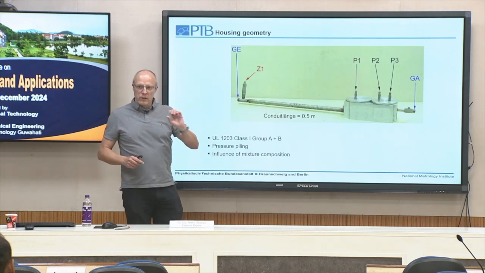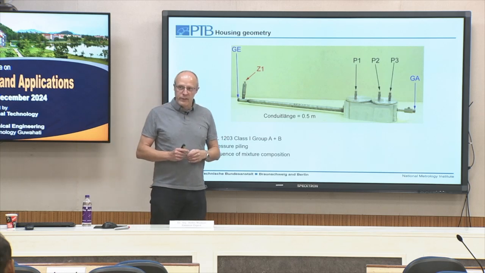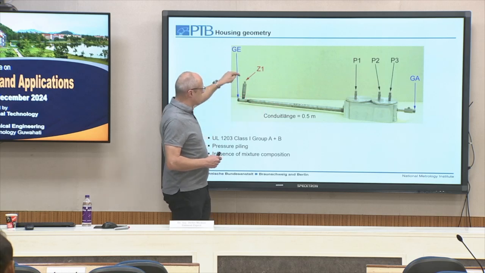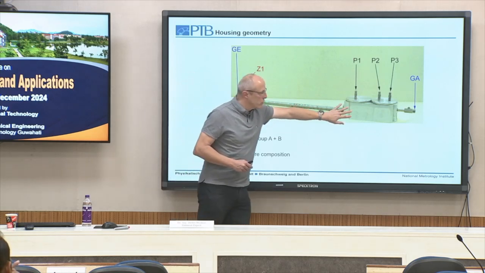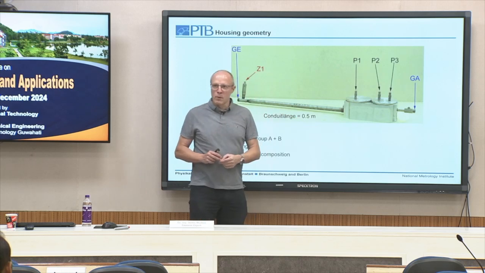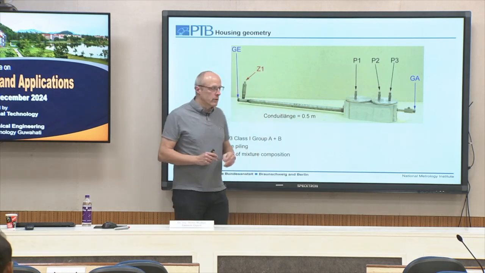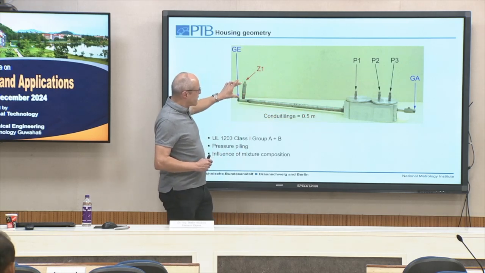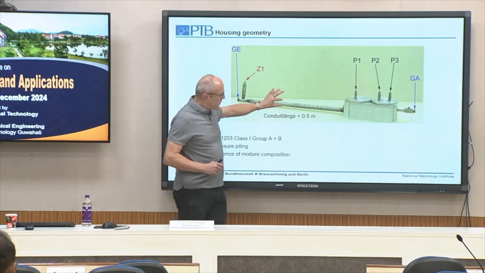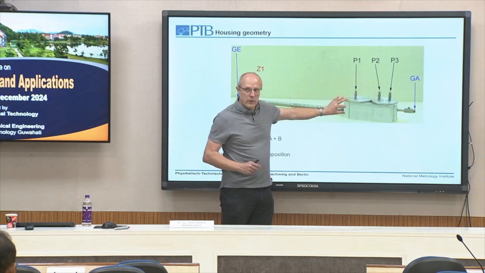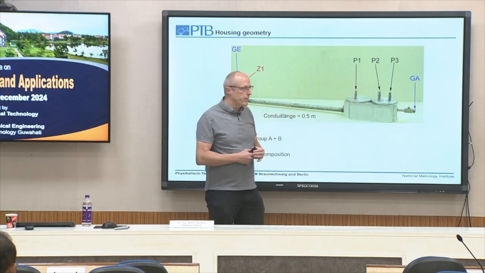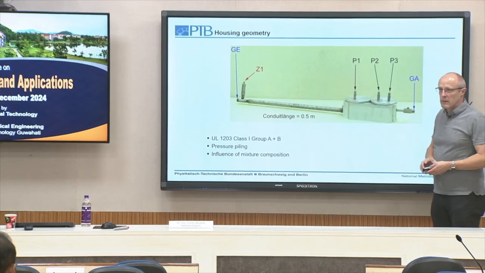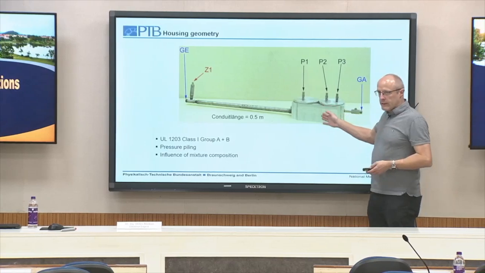So all the electrical wires are in these conduits, and for this market, when you want to measure the maximum explosion pressure in a specific equipment, you have to consider the influence of such a conduit. That means you have to ignite it here. So you have a flame moving from here to here, reaching this configuration here. And of course, this is not an empty vessel, this is an electrical equipment. So there is something inside.